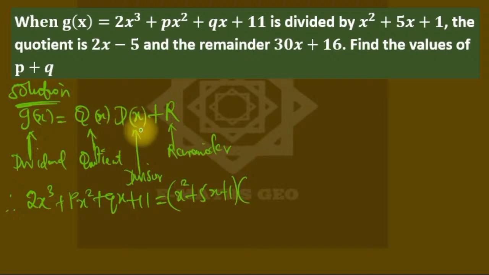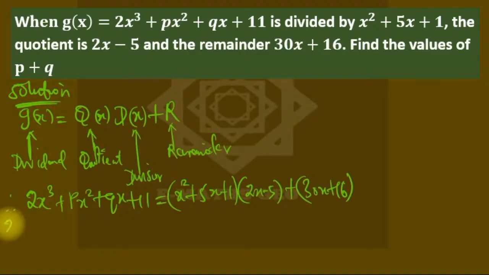You know it's commutative, so no matter what, the product is commutative, plus 30x plus 16. So this is the remainder, this is the quotient, this is the divisor, this is the dividend. With that, let's solve.